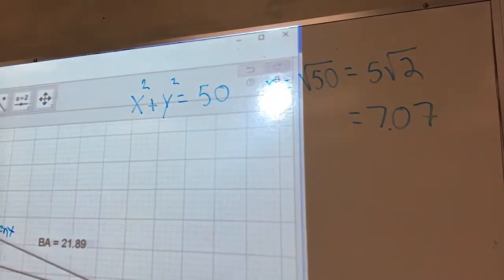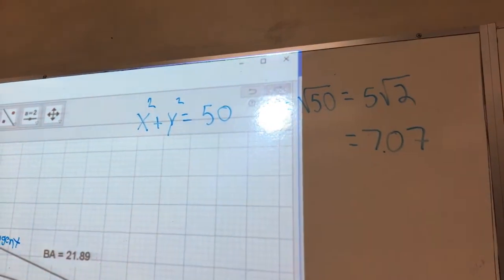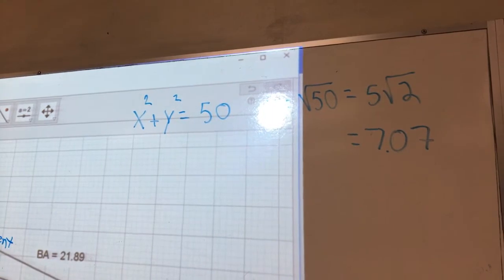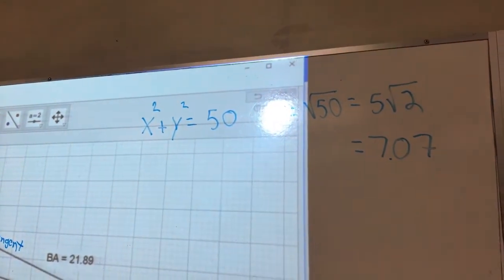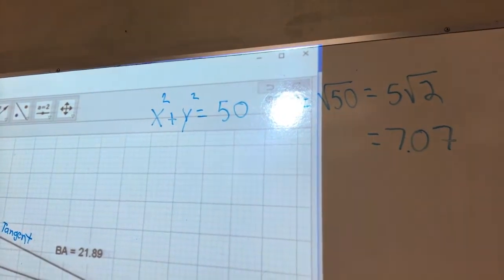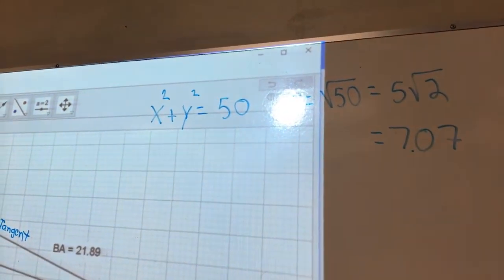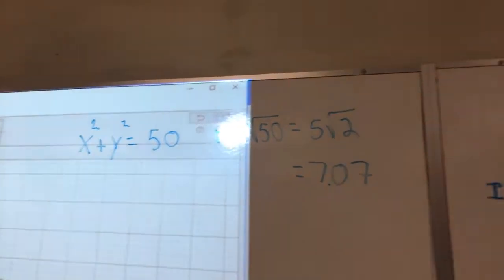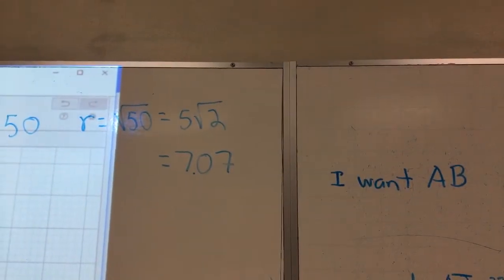Now in 10.7, they take great pains to identify the equation of a circle. This equation, x squared plus y squared equals 50, is x squared plus y squared equals r squared. So r squared is 50. In other words, r is the square root of 50. Well, what's the square root of 50? The square root of 50 is 5 root 2.